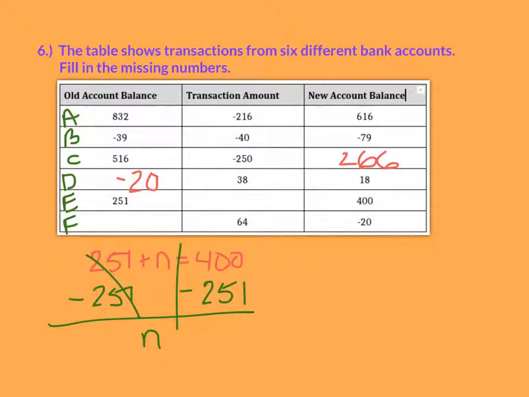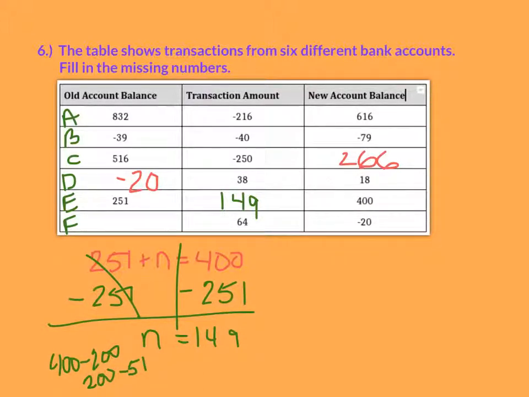Well, 400 minus 200 gives me 200, and then I still have to take away another 51. 200 minus 50 is 150, minus one more is 149. So that's what's going to go there, 149.